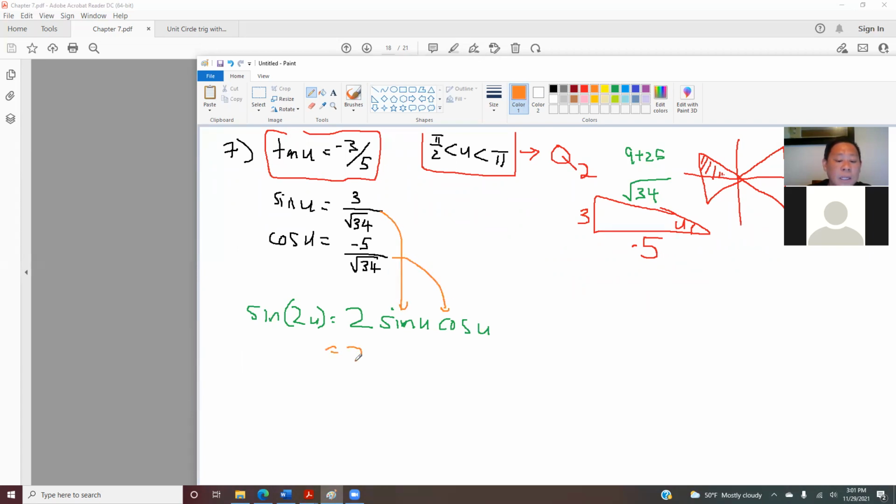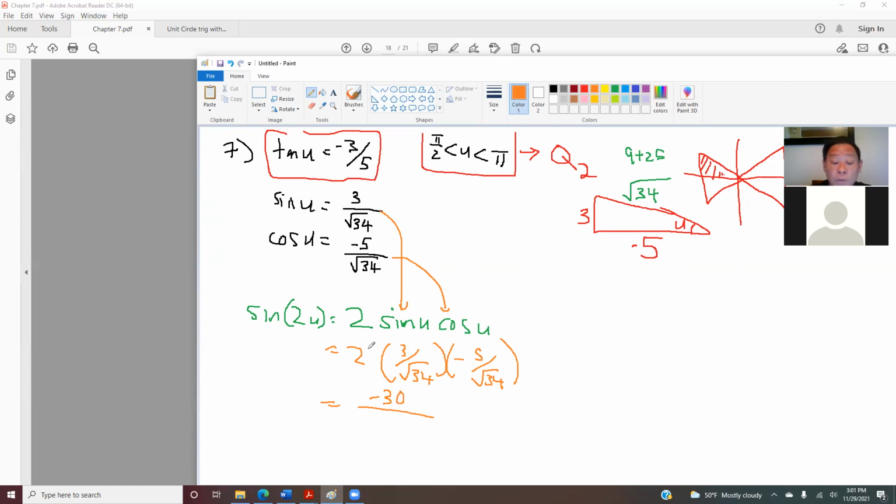So this is actually 2 times 3 over root 34 times -5 over root 34. So plug in the formulas. Now you multiply the top. 2 times 3 times -5 is -30.